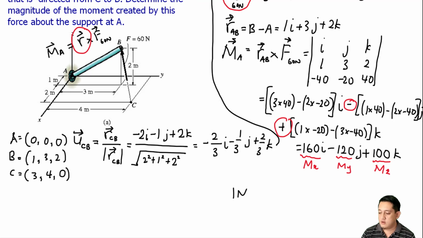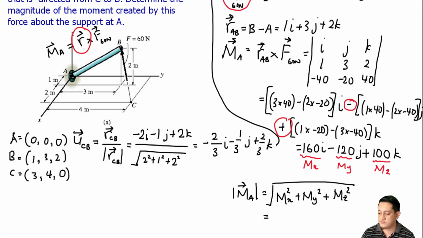The magnitude of MA is equal to the square root of MX squared plus MY squared plus MZ squared.